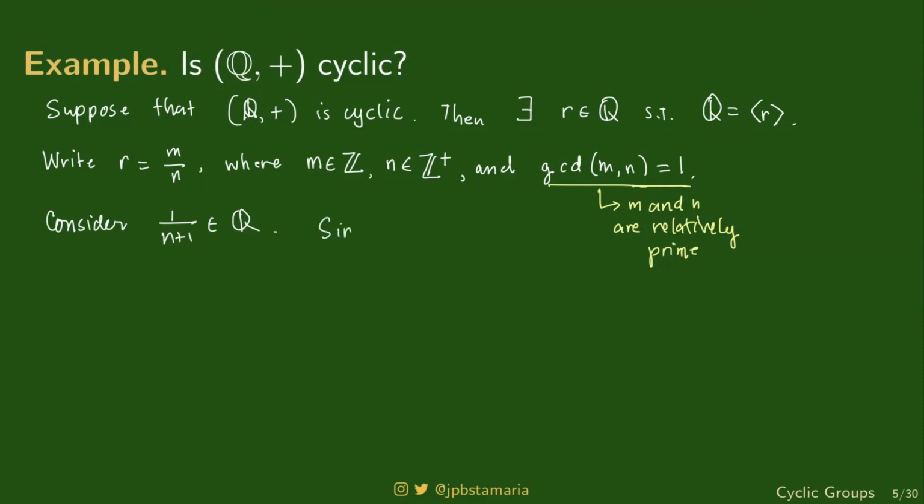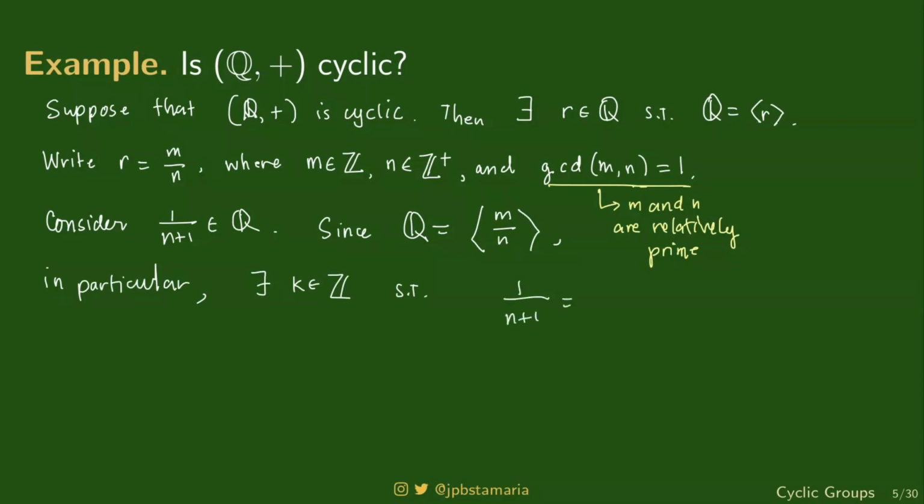Since Q is generated by R, in particular, yung 1 over n plus 1 ko is an integer multiple of m over n. So, ibig sabihin, there exists an integer k such that yung 1 over n plus 1 mo na yan ay k times m over n. Did you understand this part so far? Naunawaan niyo to?